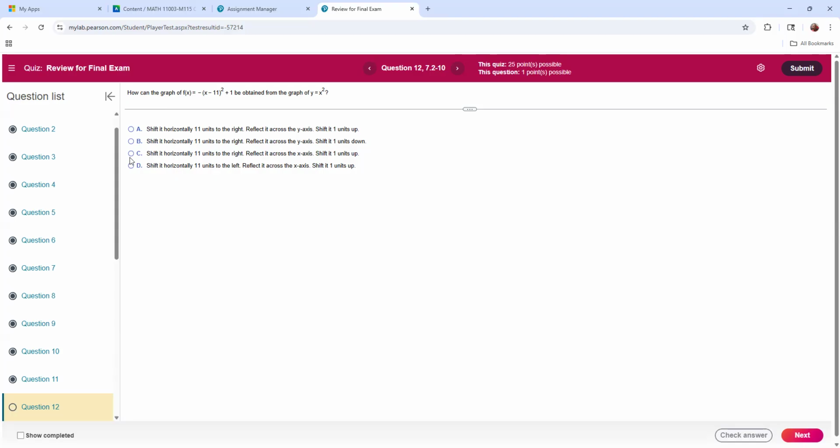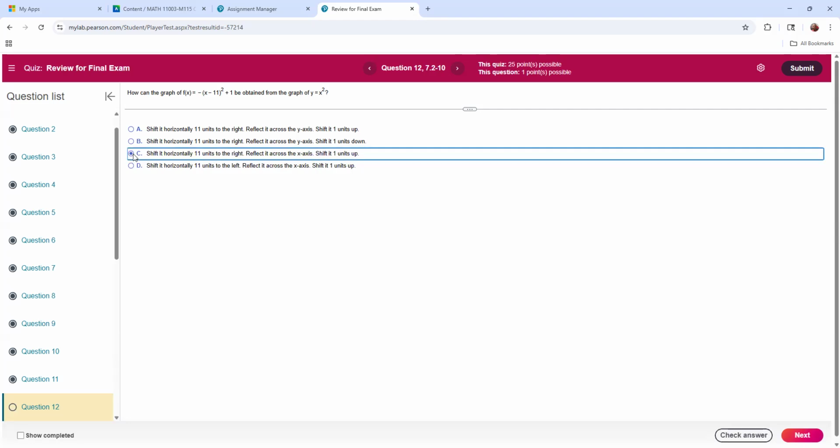And y'all, the only one that's got those answers would be C. So let's see, it says shift it 1 unit up. Well, if you add 1 to the end like that, it is going to shift me 1 unit up. Okay? So eliminate the ones that say reflect across the y-axis because those two answers are going to be wrong every time. It's got to be one of those with the x-axis, okay?